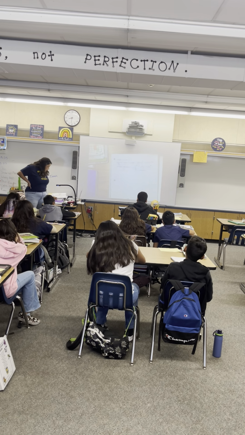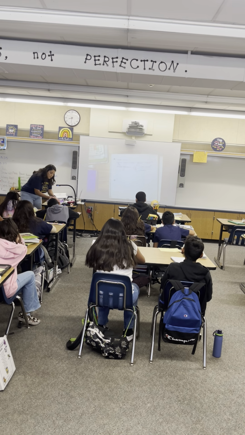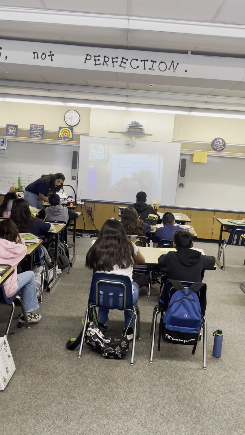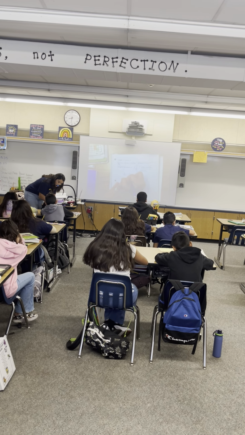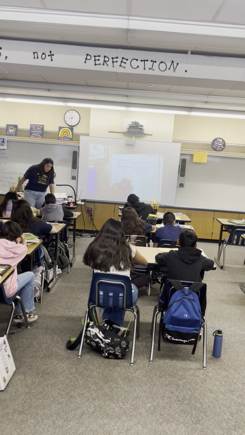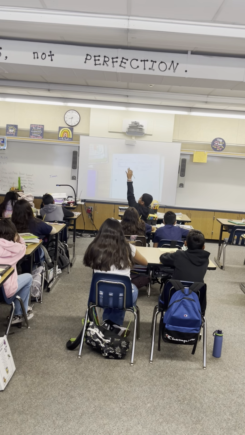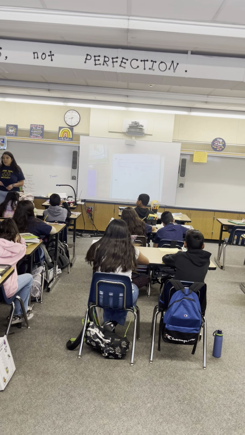But what they want us to understand today is that there will be times where they'll give us problems that look like 1 and 3/12ths minus 2/4ths. Well, how do we do that? We know the process to subtract fractions with unlike denominators.